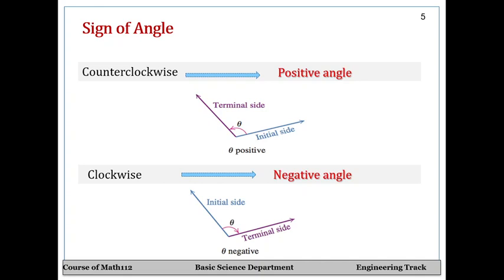Now I said there's an initial side, there's a terminal side, and it depends on how you make the angle. So if you form the angle this way, take the initial side, then make the angle this way, that is the terminal side. Or if you take the initial side and make the terminal side this way, it will be a negative angle and a positive angle.